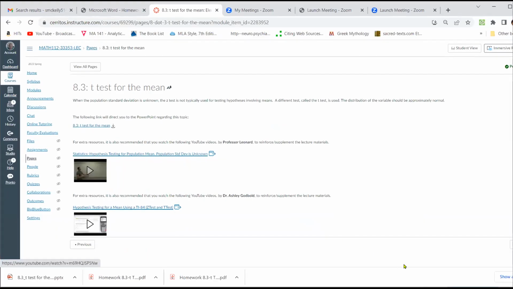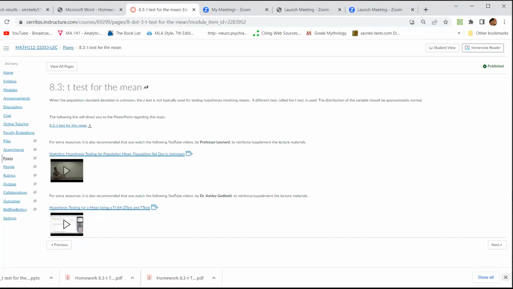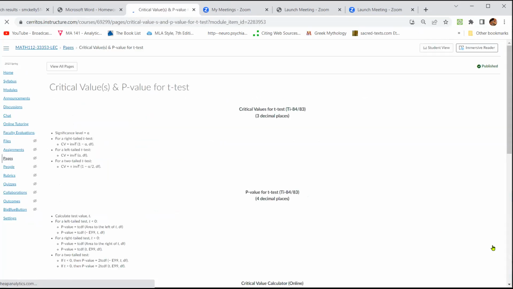If you go to your Canvas page for the t-test, you also find instructions for the critical values. So if it's a right tail test, we have inverse T. Remember, this is the program that's built in.